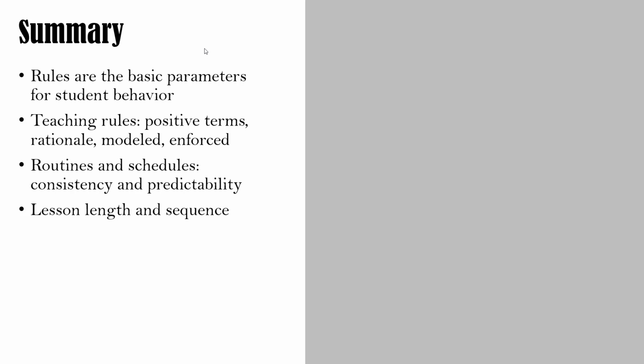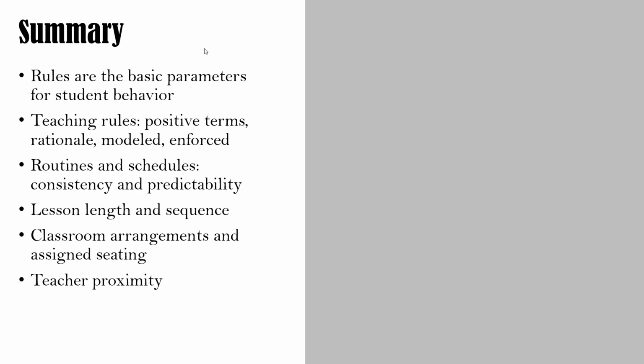Just making sure that the sequence is good and that the length of all those sections is smaller as opposed to larger. And then we talked about some different classroom arrangements and where you want to put your challenging students. We talked about teacher proximity. And then we talked about those environmental cues, so the physical and nonverbal, your verbal, and then your pre-correction.